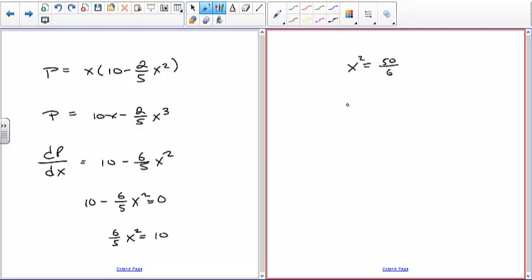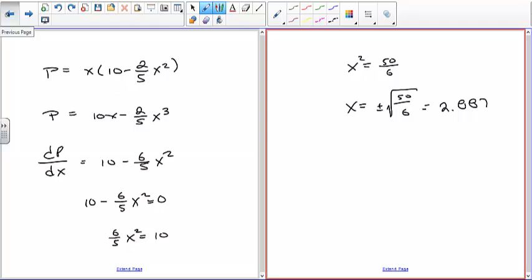That's squared, so x is equal to plus or minus the square root of 50 over 6. We'll take the plus because they're positive numbers. So you take 50 divided by 6, raise it to the 0.5 power, and you'll get 2.887.